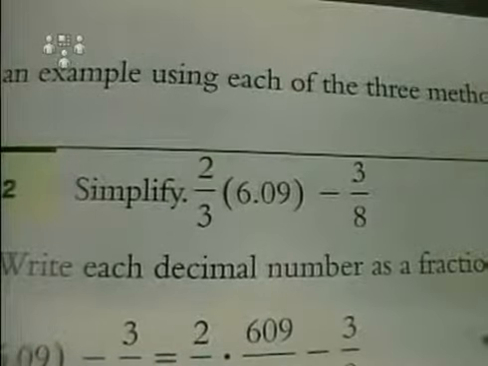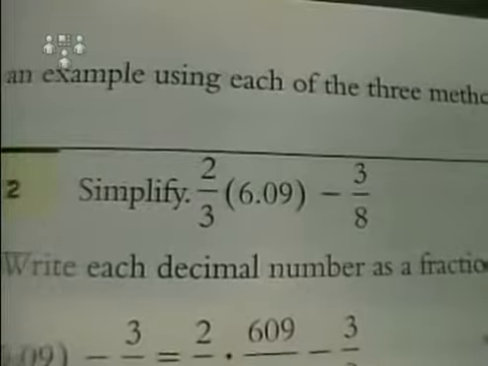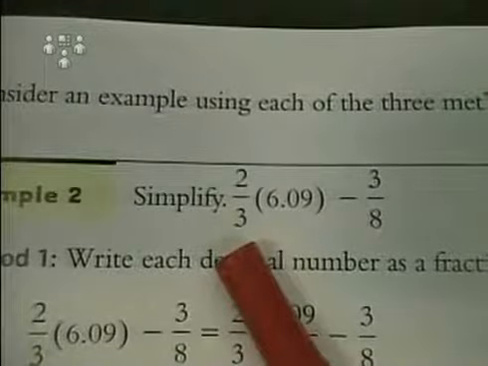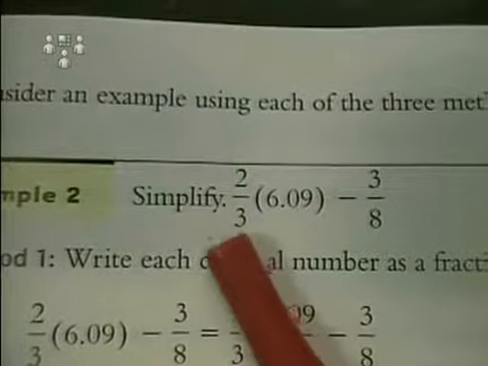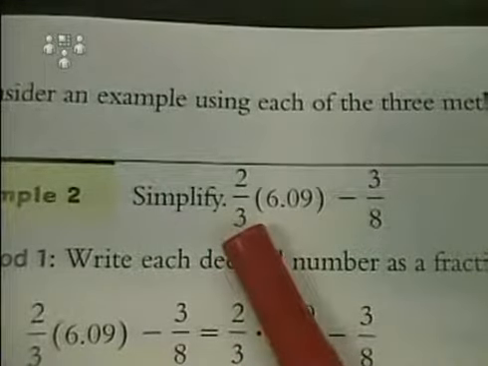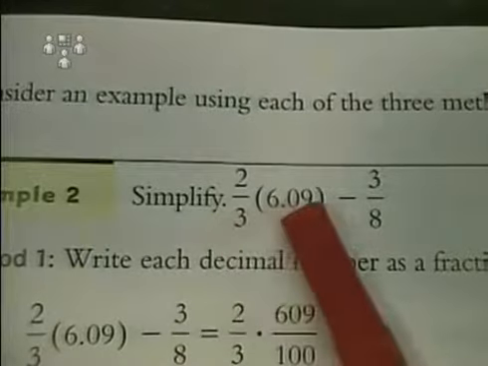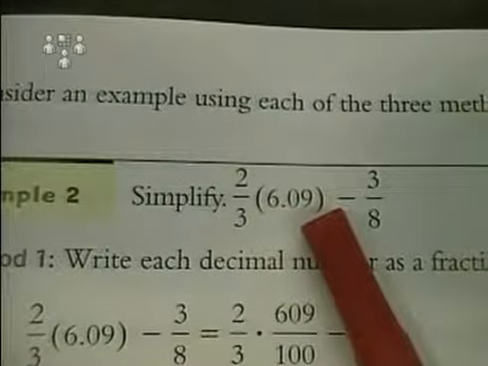I think the obvious problem, if you'll remember, that 2/3 as a decimal is 0.66666 forever, so you're better off leaving it the way it is here. And I think my first reaction would be just to divide 3 into 609 because it goes evenly.